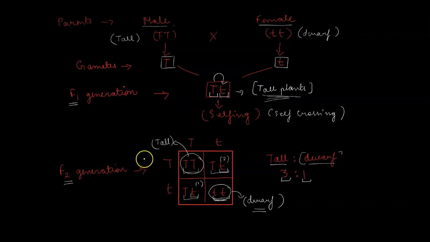But in F2 generation, we see a condition where the recessive member of the pair is expressing itself only in a condition which is known as homozygous recessive, leading to one dwarf plant in F2 generation. So we have understood law of dominance with the help of this example, that in dissimilar pair of factors, one of them is dominating over the other.